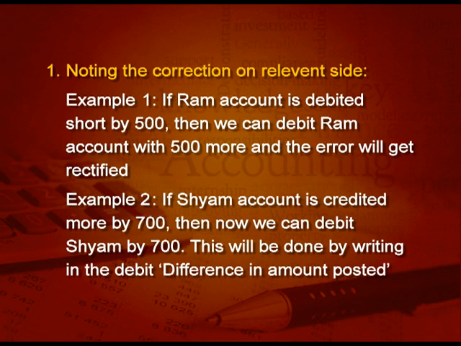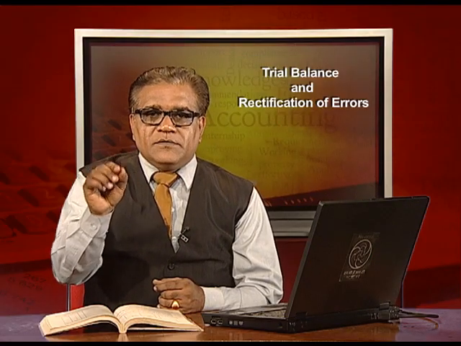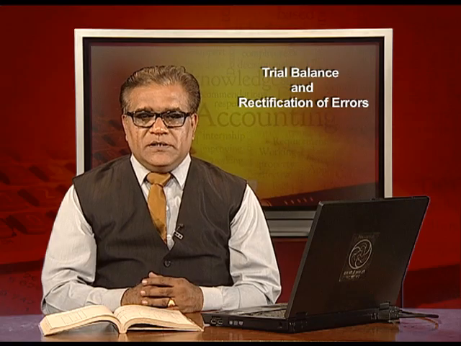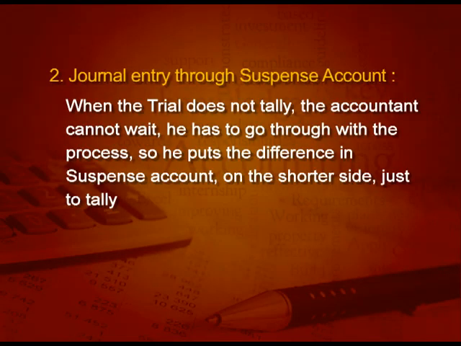We will debit Shyam account so that the credit effect is reduced. Now, this will be done by writing in the debit, the difference in the amount posted and the figure, whatever the difference is.